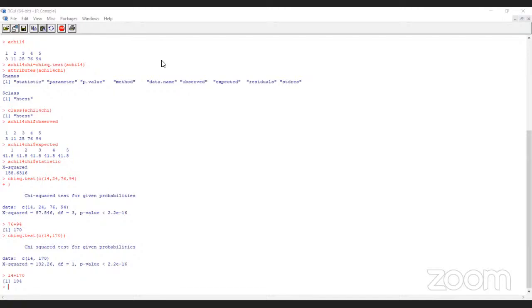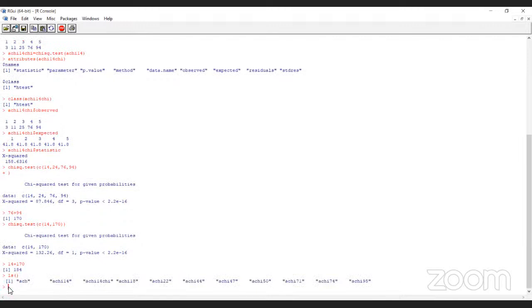Again, you write down LS, bracket, another bracket, closing bracket, enter. So now you will get all the variables. Okay.